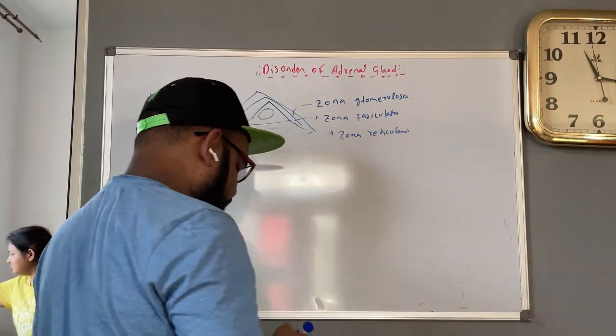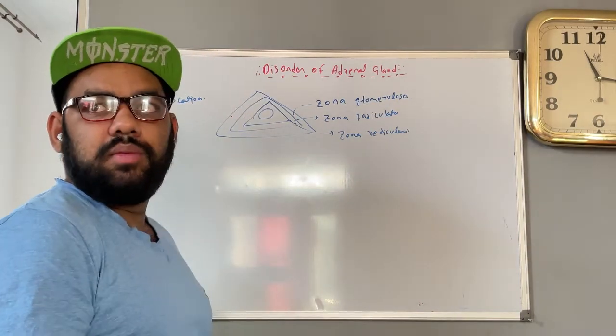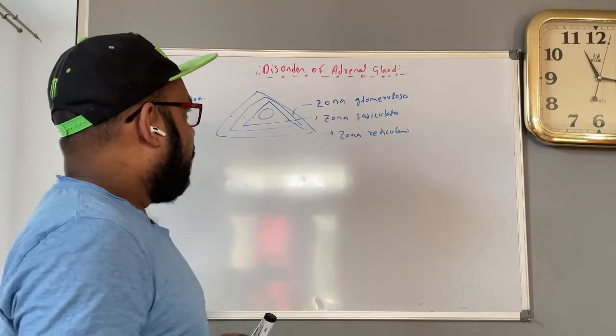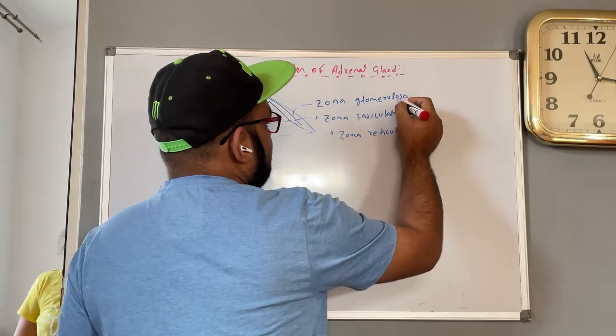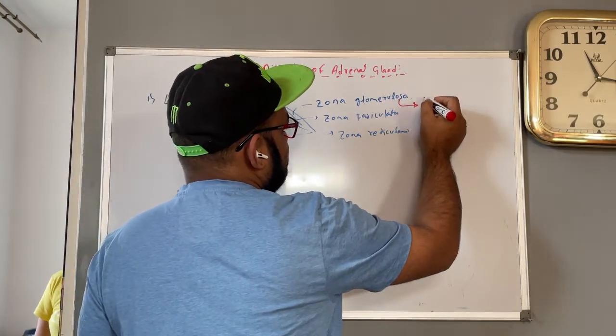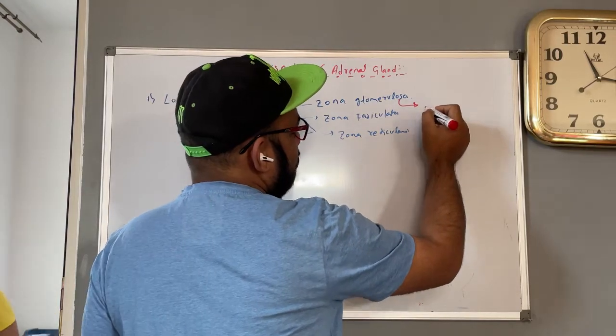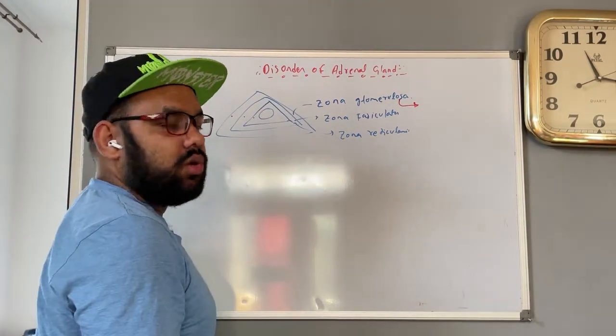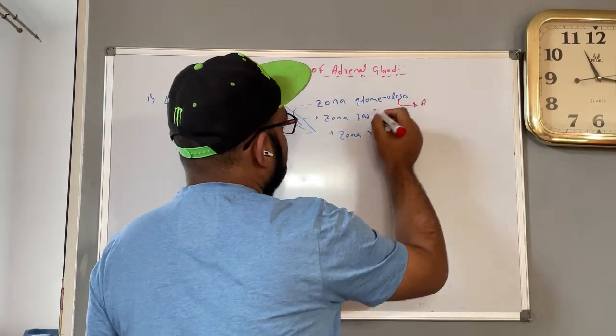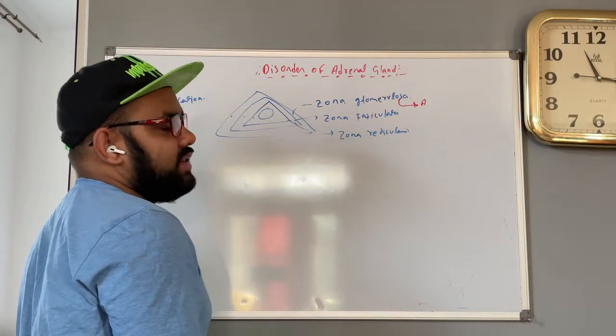The different layers are responsible for the secretion of different kinds of hormones. For example, the zona glomerulosa is responsible for the secretion of a steroid hormone, the mineralocorticoid, or rather the aldosterone. So the zona glomerulosa is responsible for the secretion of aldosterone.